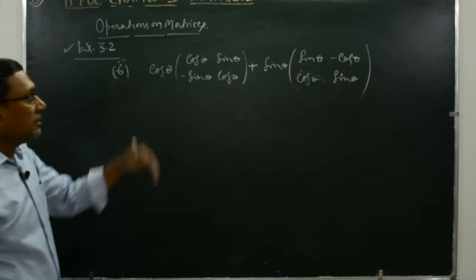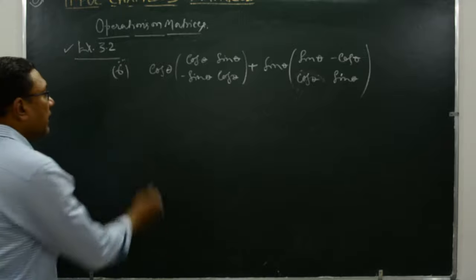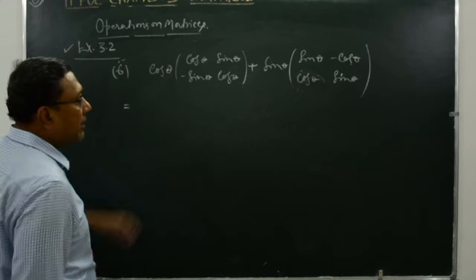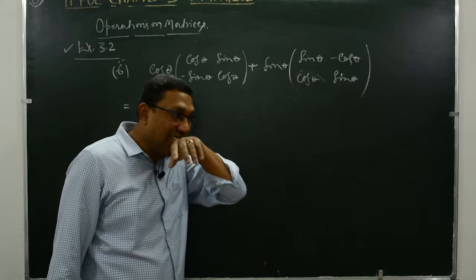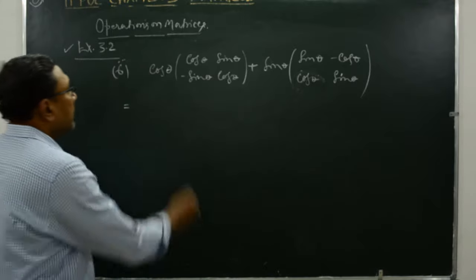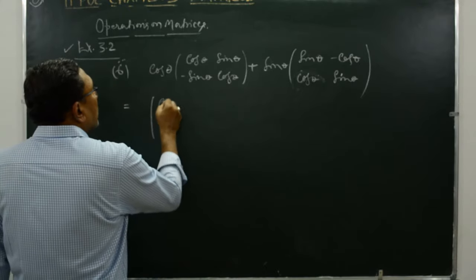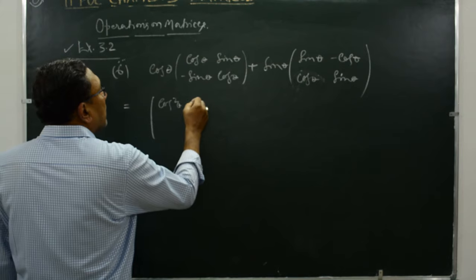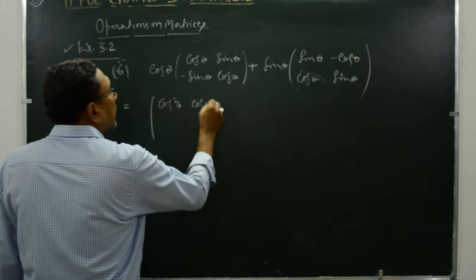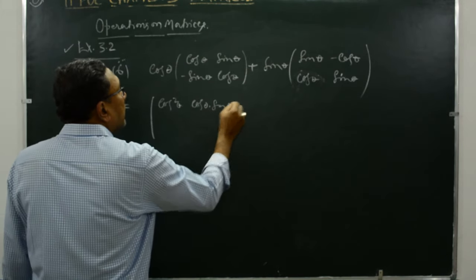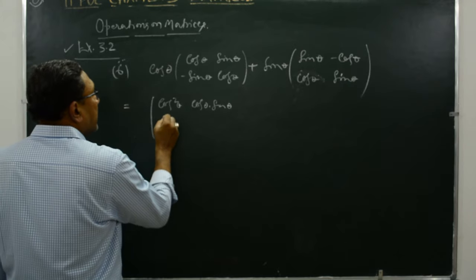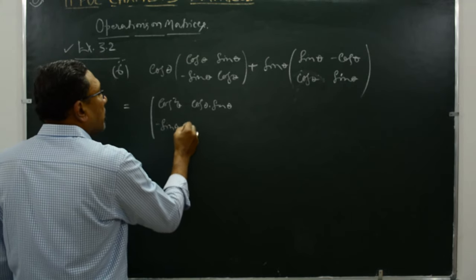Let's take cos theta into the first matrix, and take sin theta into the second matrix. This will become cos square theta, cos theta into sin theta, which is minus sin theta into cos theta.